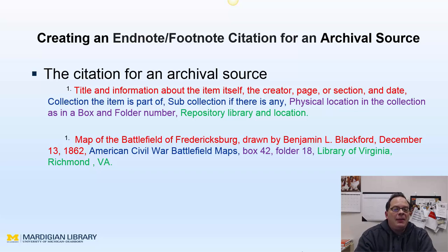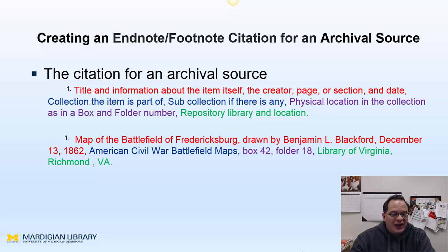Now, the American Civil War Battlefields Map collection and Box 42 and Folder 18 are not the actual collection and location. I made that up because I wanted to give you specifics with respect to an example of the collection name and then the box or folder it might appear in.